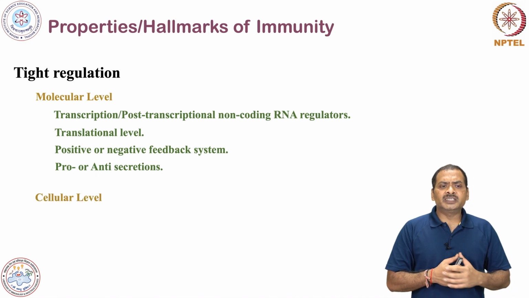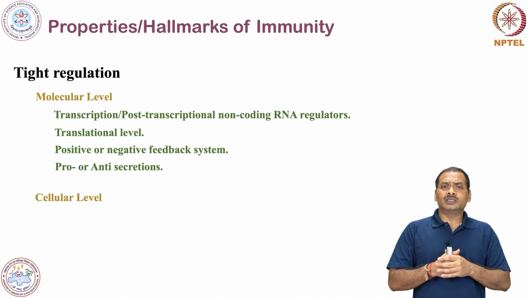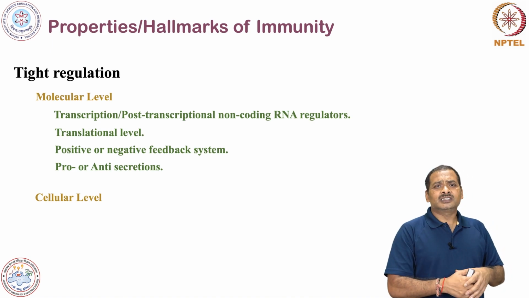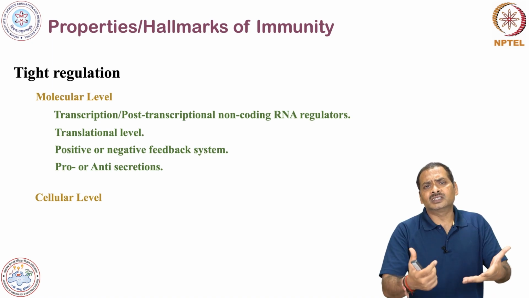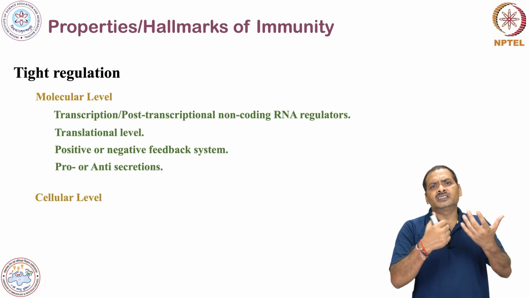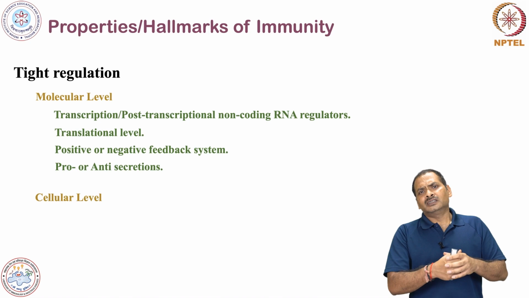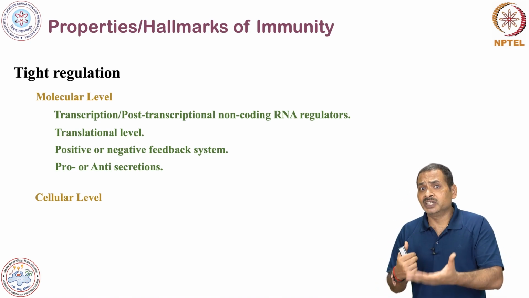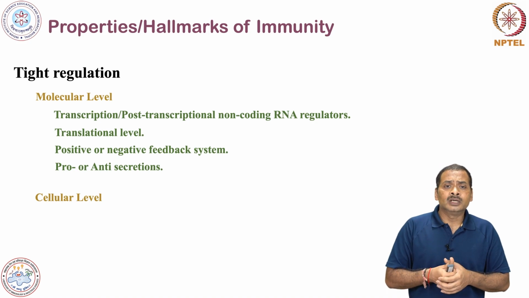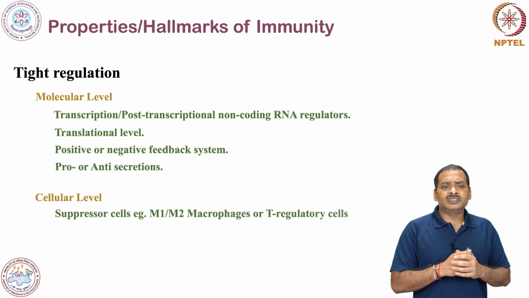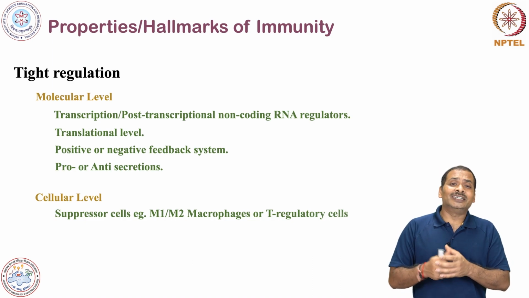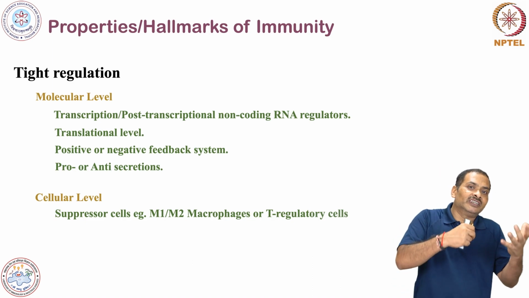Another is cellular level regulation. There are some cells which activate the responses or signaling needed for the elimination of pathogens. But there are other cells which play a very important role in damping those activated cells.